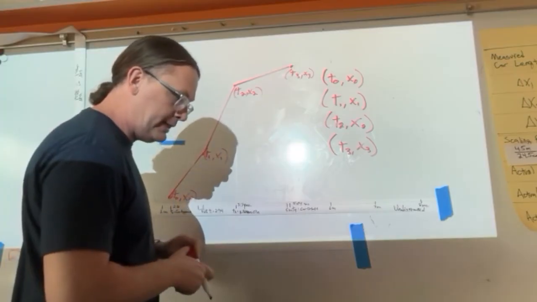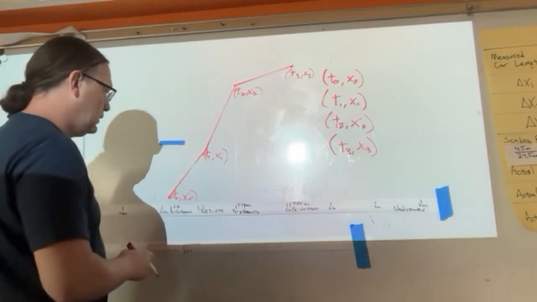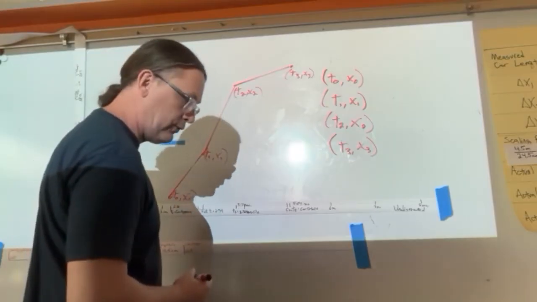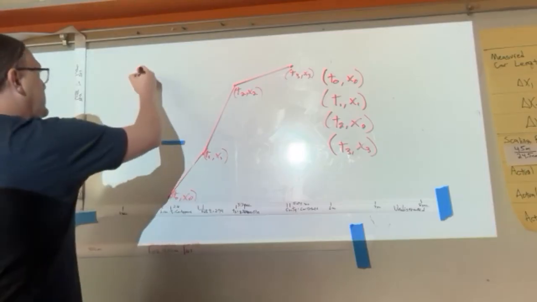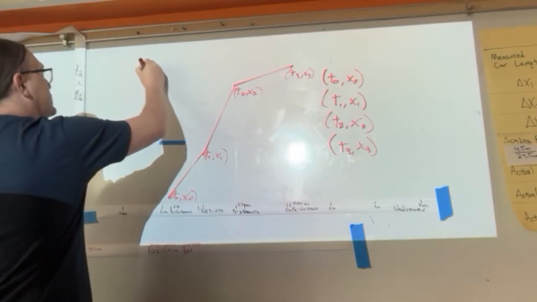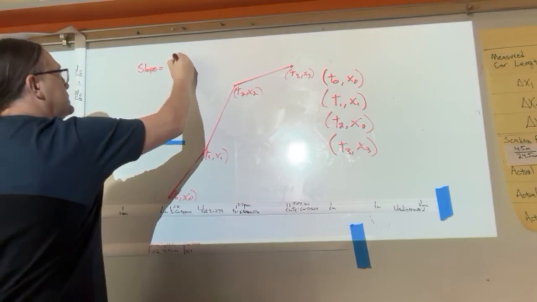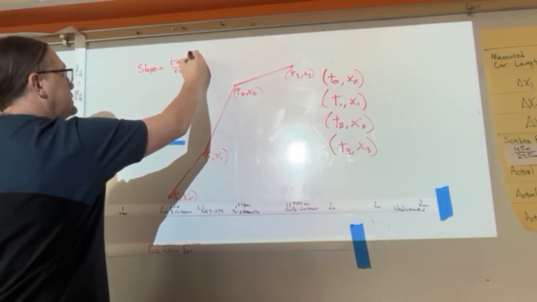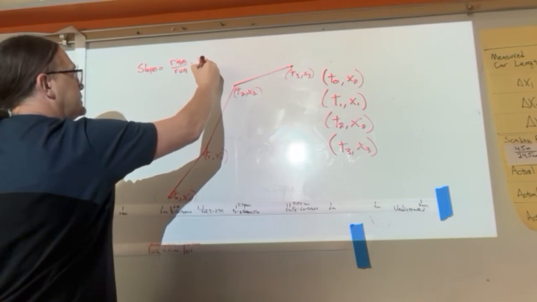We're going to write that as a fraction that says the distance over the time, since slope of the line is always rise over run, so we always put the y-axis value over the x-axis value.